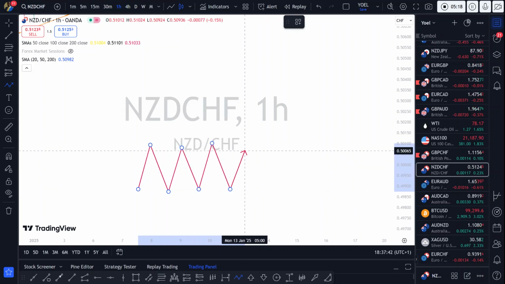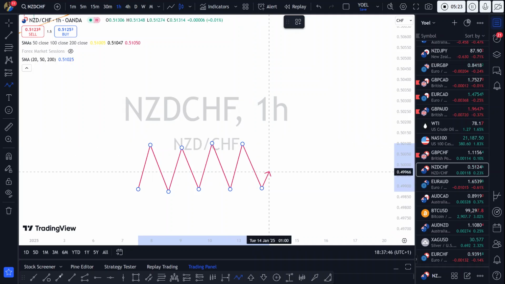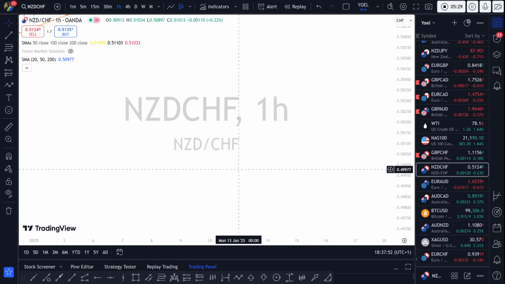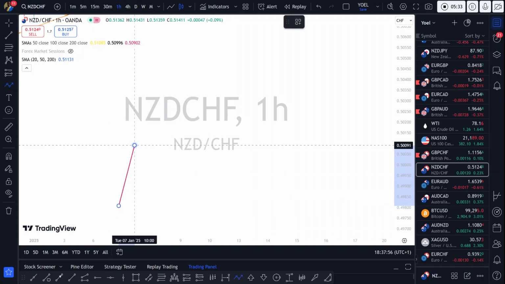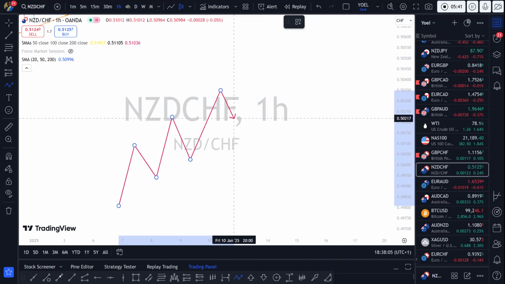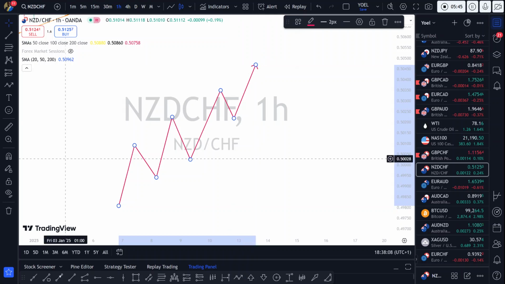Also, moving averages don't work. When you see a market structure like this, Fibonacci doesn't work. Moving averages don't work. Fibonacci works in a trending market condition.